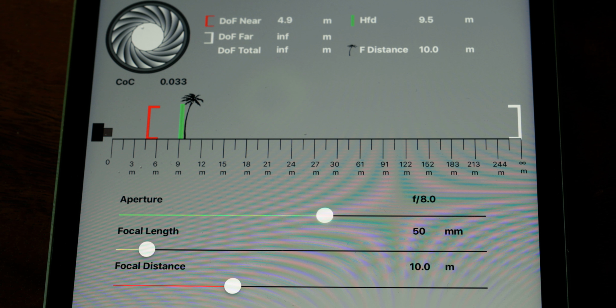You can get a Summicron at f2 and know that it is going to perform just as well at 5.6 as a Summilux, or perhaps even better, but you are using the light gathering capabilities of a Summilux at f1.4, only a stop wider than the Summicron, because you want to be able to use your camera to capture those images in sharp focus.